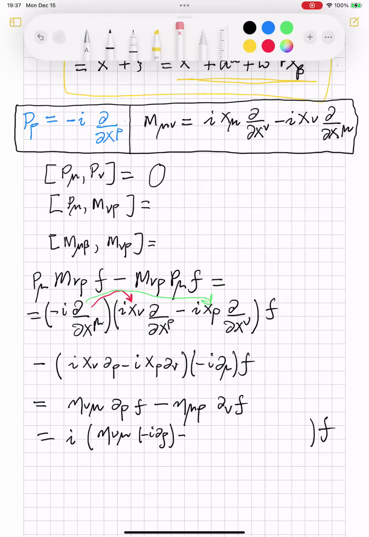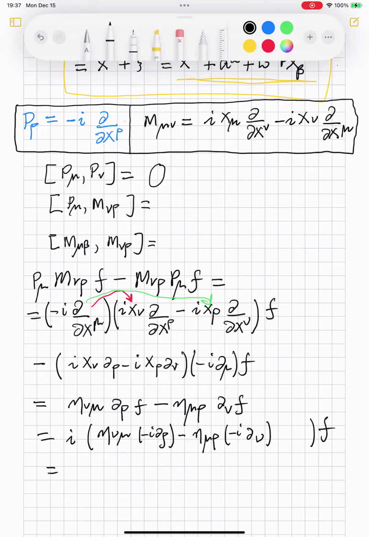Good. And then we've got eta mu rho, eta mu rho, and then we've got a minus i d nu sitting there. And you can see in the second term, the minus times the minus i gives me an i, so i times an i is a minus, so it agrees with the sign in the first term.